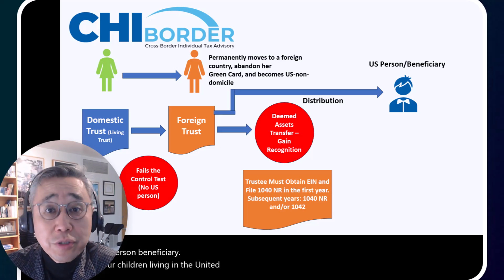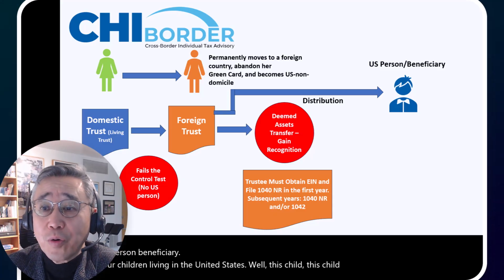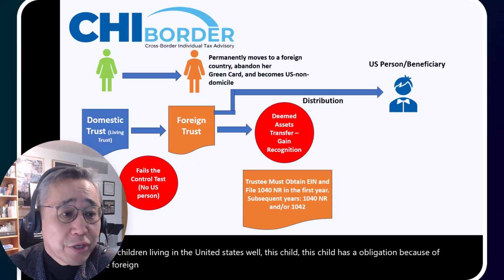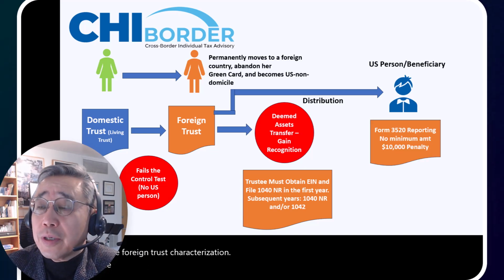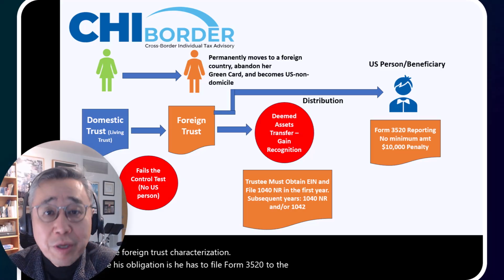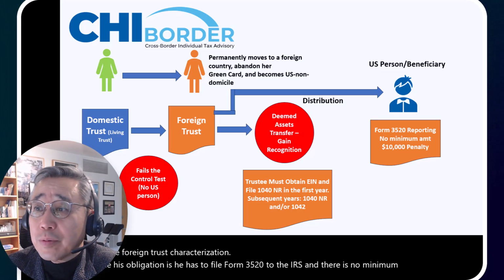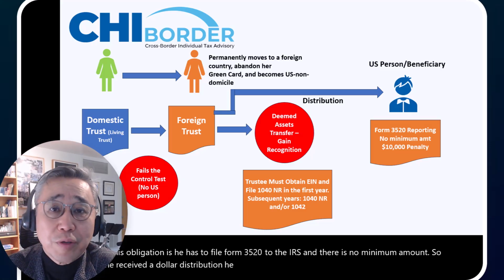Well, this child has an obligation because of the foreign trust characterization. His obligation is he has to file Form 3520 to the IRS, and there is no minimum amount. So if he receives a $1 distribution, he must file 3520.